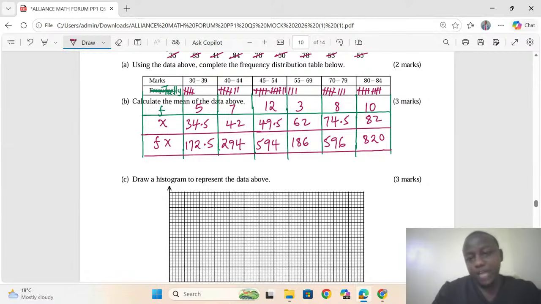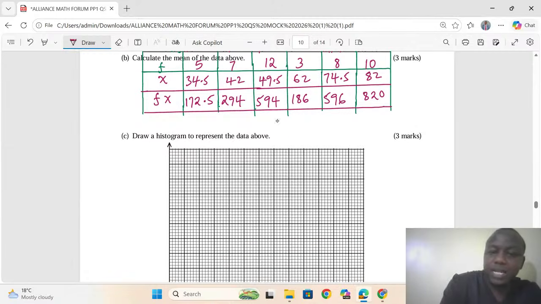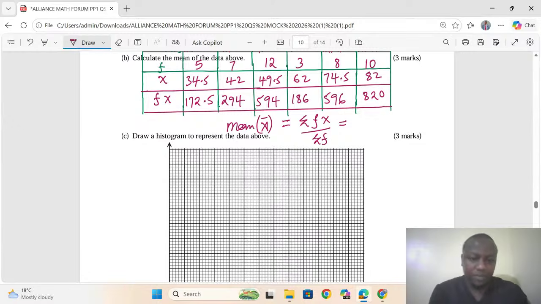So we're supposed to know that to get the mean, we need the summation of fx divided by summation of f. So we add up f times x: 172.5 plus 294 plus 594 plus 186, I'm adding 596. Then I add 820.